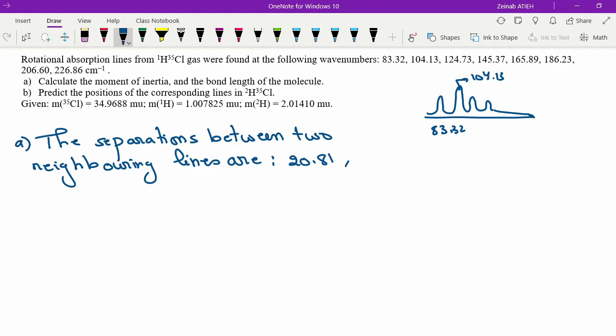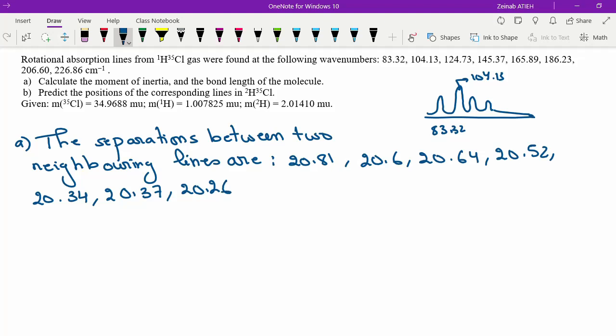Between the third and the second it was found to be 20.6, and then 20.64, 20.52, 20.34, 20.37, and the last one was 20.26.